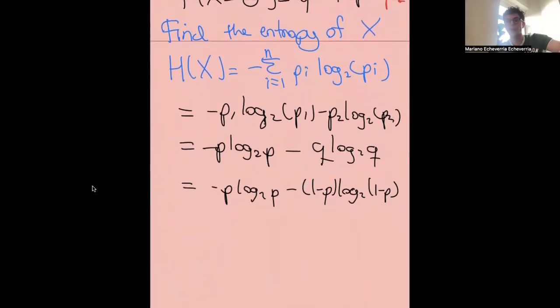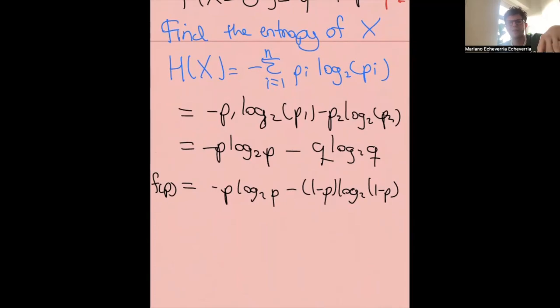So now this depends on P, right? You can think of this as a function of P; it depends on the probability of getting heads. So you can go to GeoGebra, or your favorite graphing tool, and let's plot it.